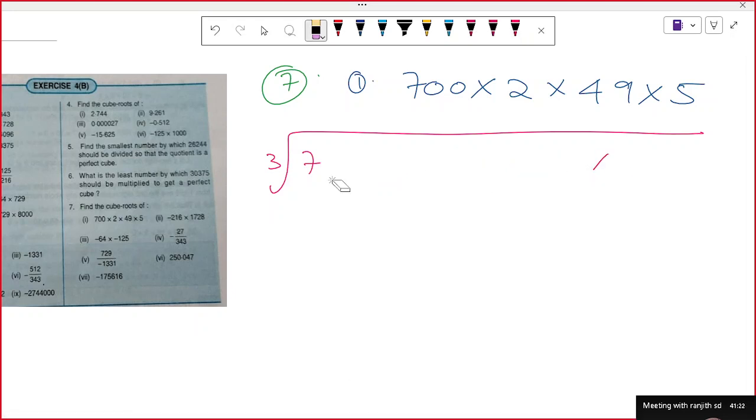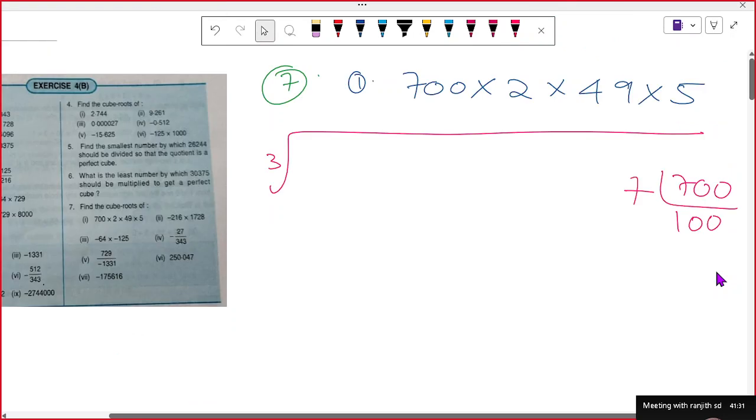I'm writing the same value. Okay, find the factors of 700. What do you get for 700? 7 into 100. Find everything, write it in order. 7 into 100, then 2 into 50, 2 into 25, 5 fives are 25.